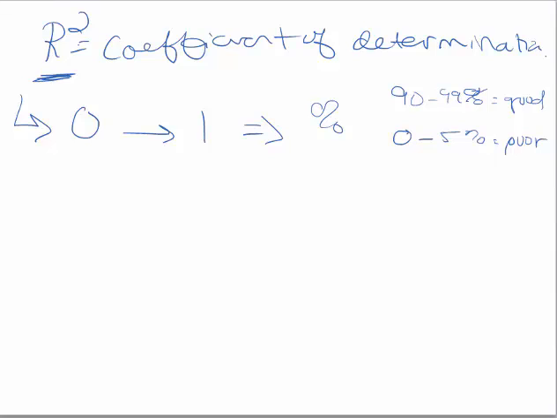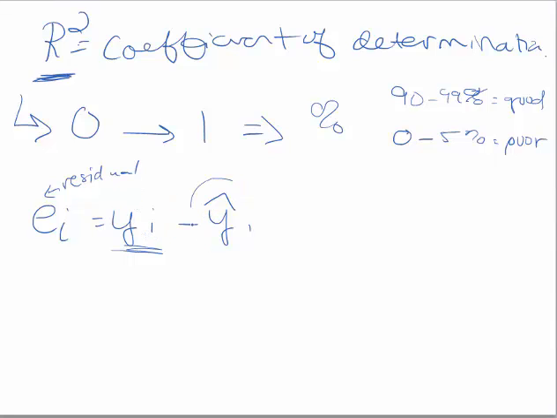we have 4 equations. The first one is e_i equals y_i minus y_i hat. And this is our residual, so our error. This y value is the actual y value of the data, so that exists for the data.